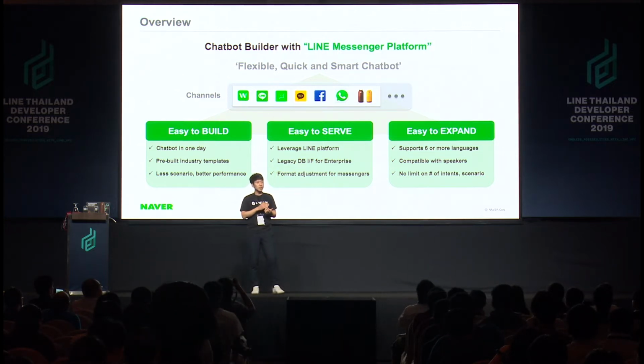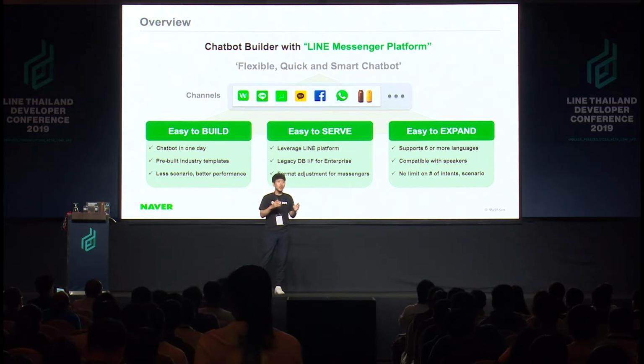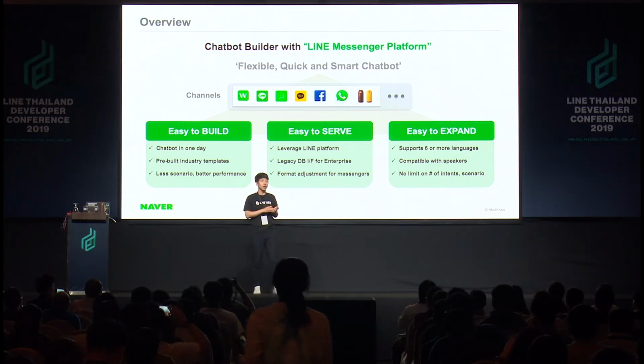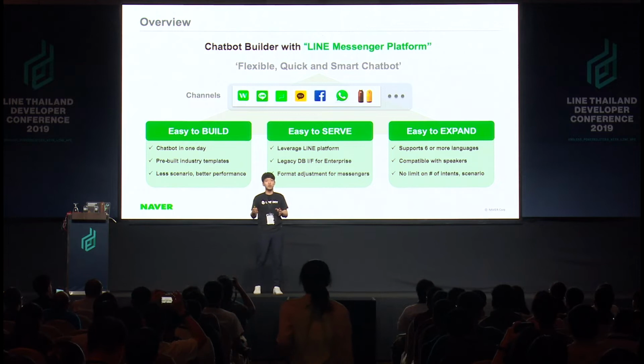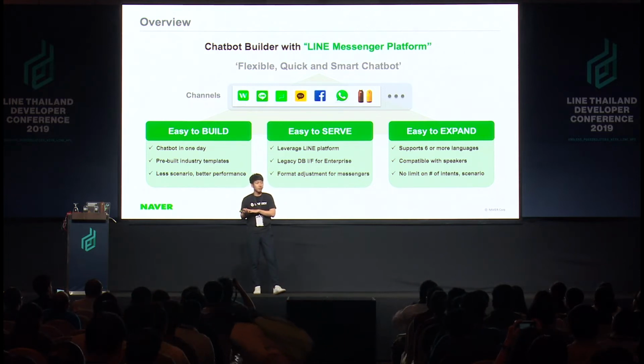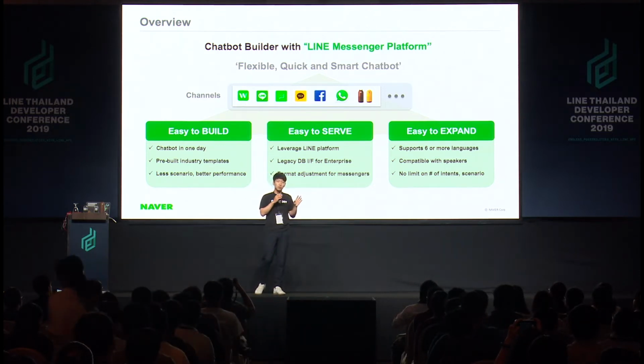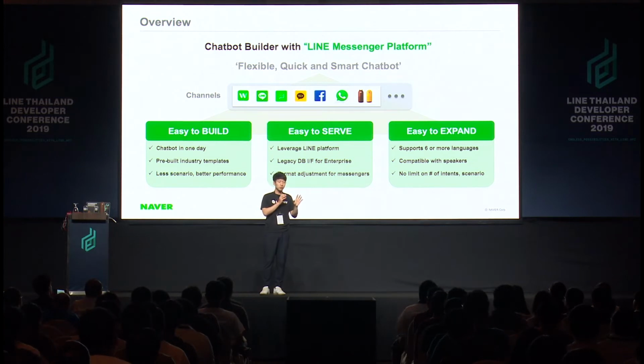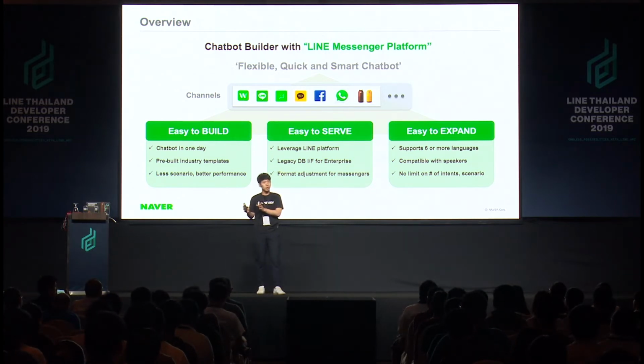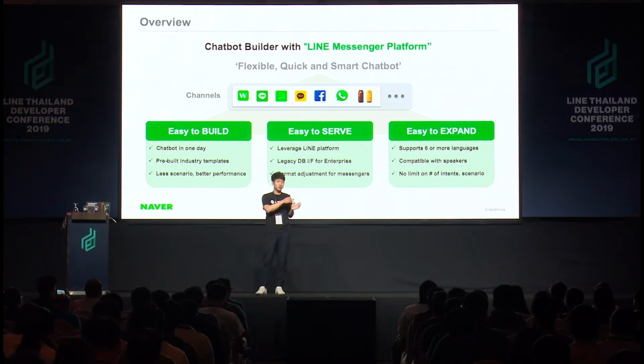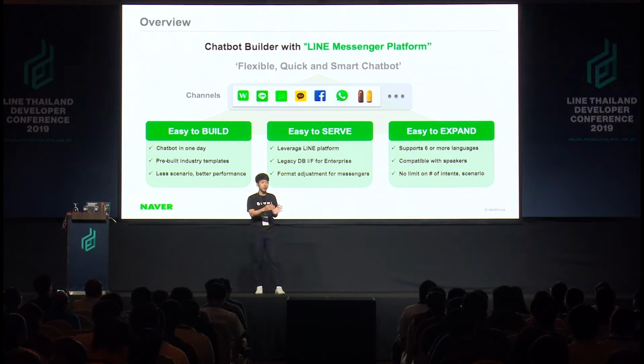Easy to build means we can create a chatbot within 1 day, or even within an hour, depending on how many scenarios you have. Do you guys know the core difference between Google Dialogflow and our chatbot builder framework? Google only has a limit of up to 2,000 intents, which is 2,000 scenarios.